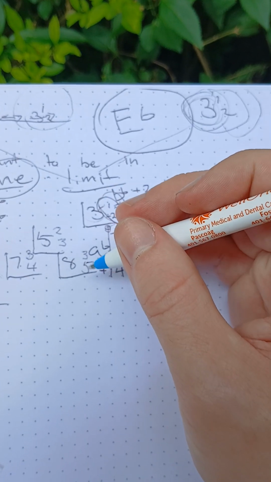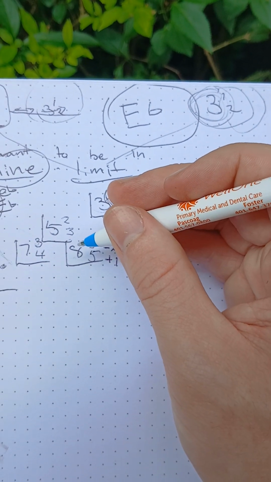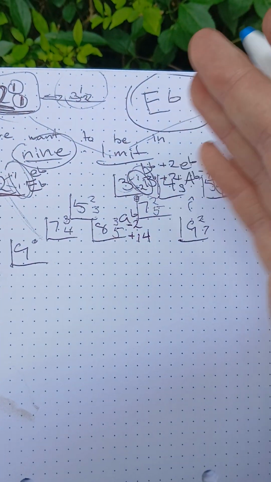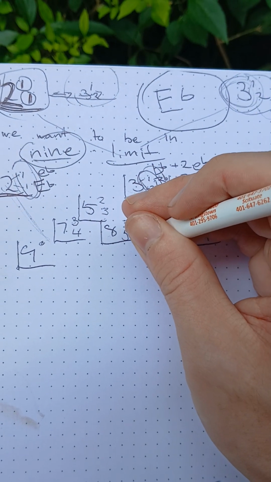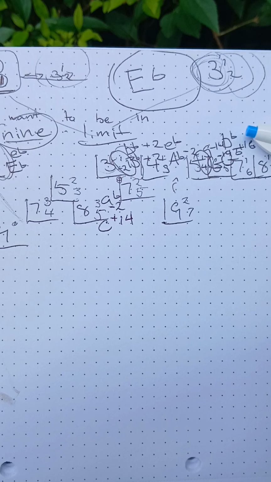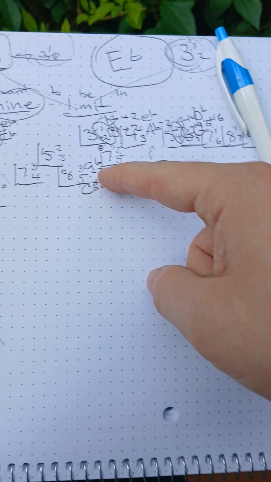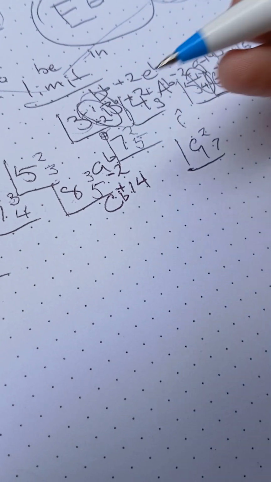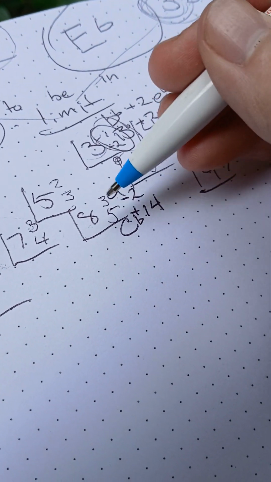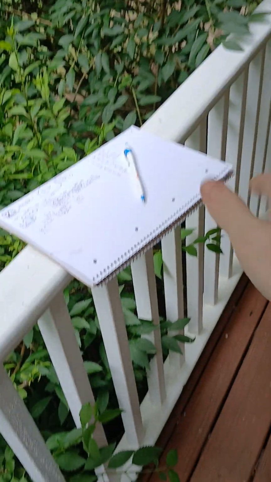And of course, the distance between the 8th partial and the 5th partial is a minor 6th. So a minor 6th up from E flat is C natural, right? I think so. I'm pretty sure. Nope, it's C flat. And of course, our distance between A flat and C flat is the same as our distance between the 5th partial and the 3rd partial. Whoa, crazy.